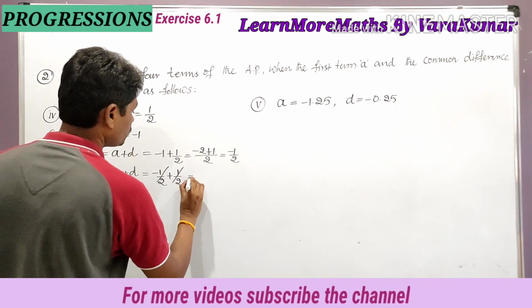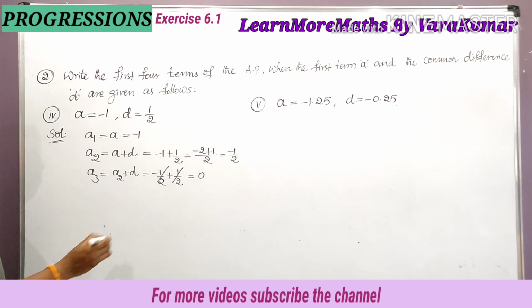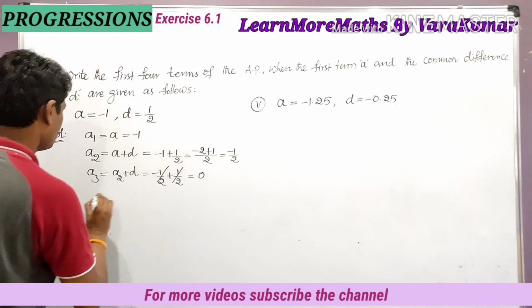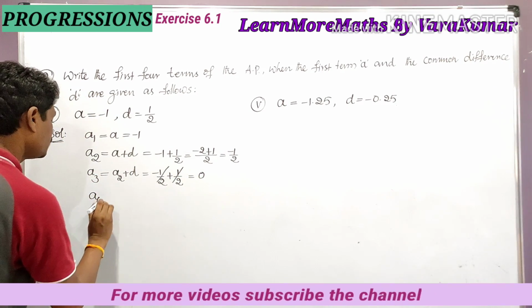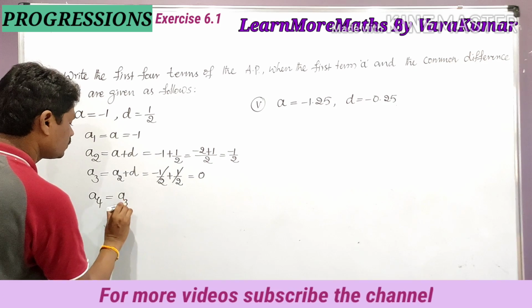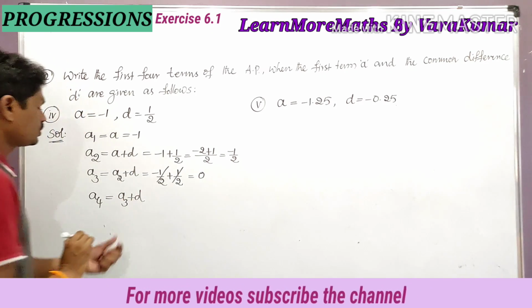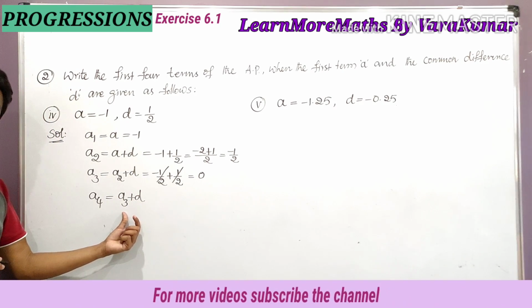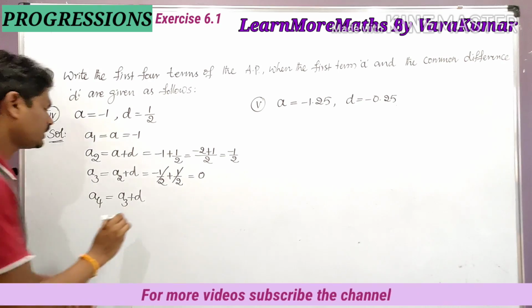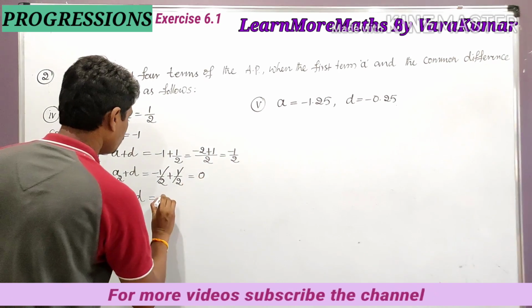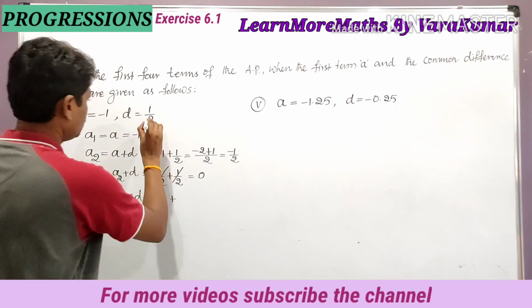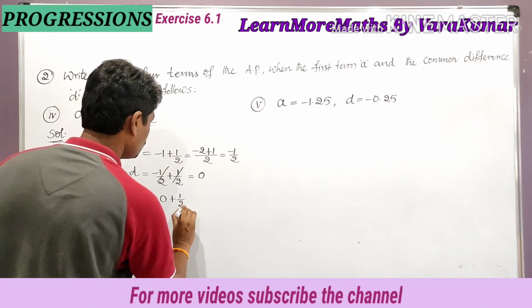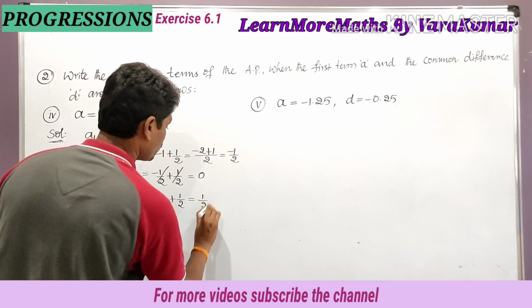Minus 1 by 2 plus 1 by 2, we get 0, student. a3 is 0. So next, the fourth term a4 is equal to a3 plus d. By adding the common difference to the third term, we get the fourth term. a3 is 0 plus d value is 1 by 2. 0 plus 1 by 2 is 1 by 2.